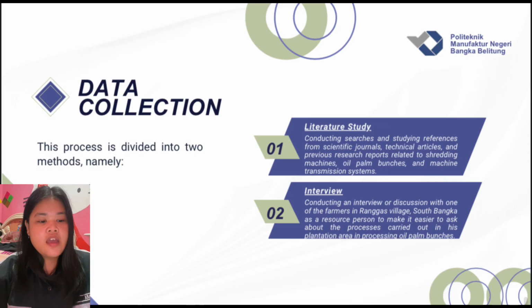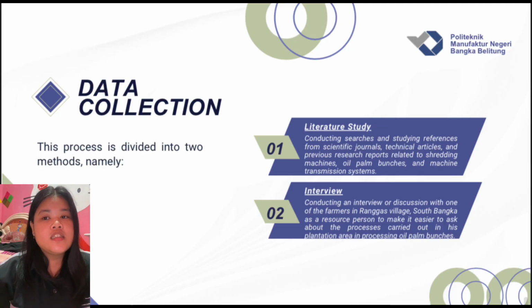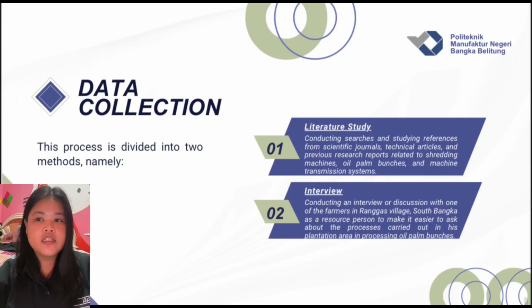Here, I took two methods of data collection, namely one, literature study, and two, interview. Literature study means conducting searches and studying references from scientific journals, technical articles, and previous research reports related to shredding machines, oil palm bunches, and machine transmission systems.